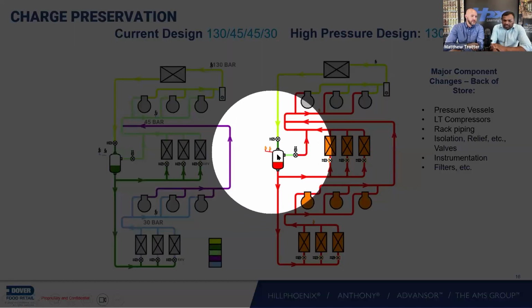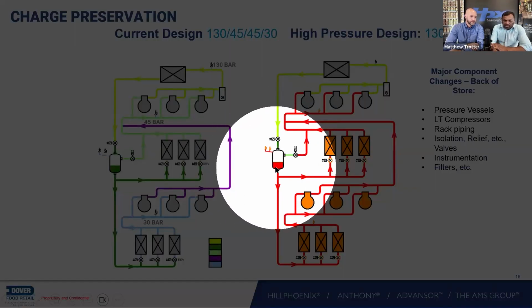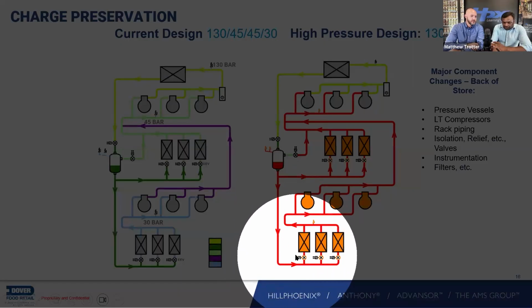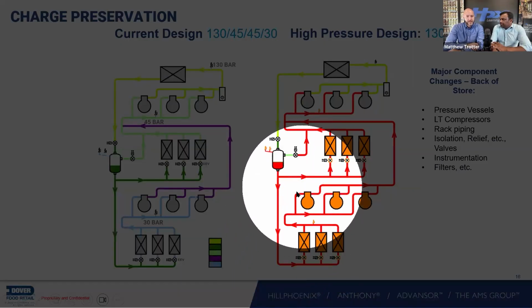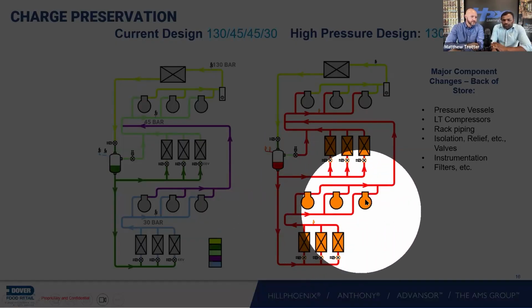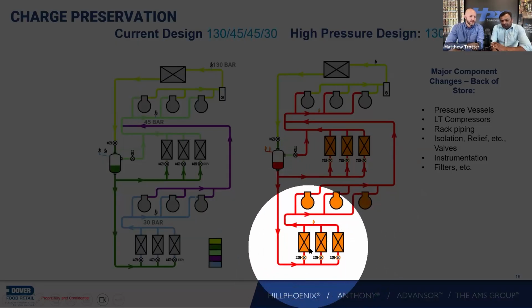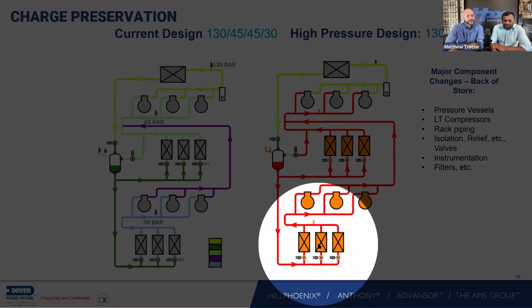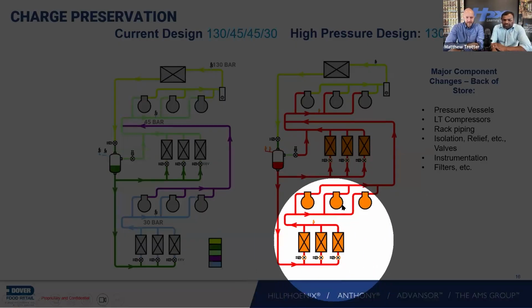On the rack side, it starts from the pressure vessel. This needs to be a 90 bar or 80 bar component, and then all the pipes that we need to do on the store side also need to be 90 bar or 80 bar high pressure copper, or it can be stainless steel. And the low temperature compressor needs to change. All the cases need to change, meaning the evaporators and the piping inside the case need to change to high pressure components. The expansion valve needs to change.